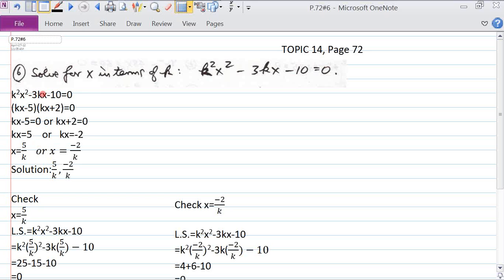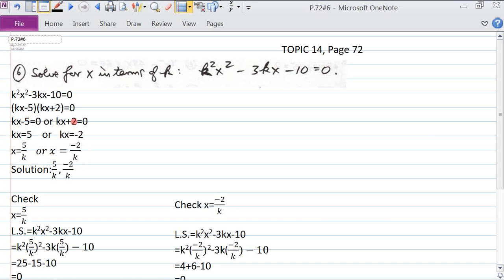So when we factor this, we get that. Now, if the product of two factors is 0, either this equals 0 or this equals 0. If we solve this for kx equals 5, we transpose this from the left to the right, we get plus 5.